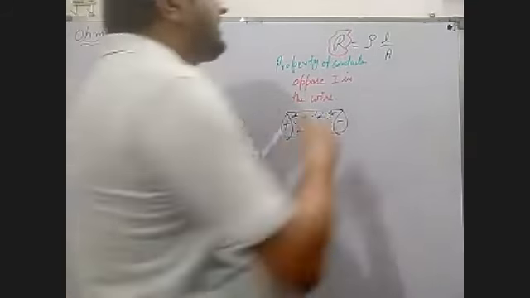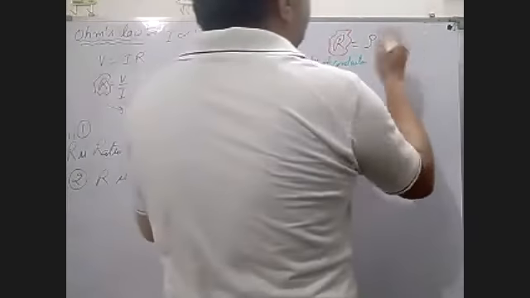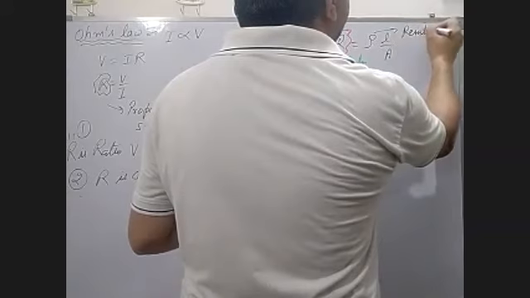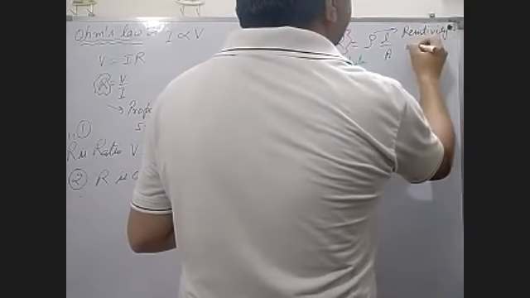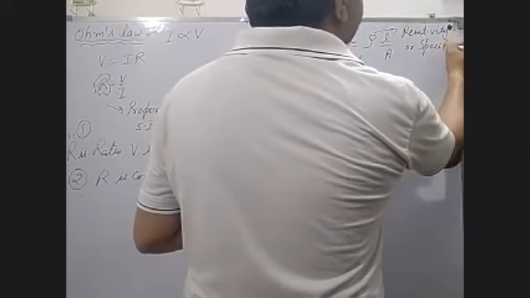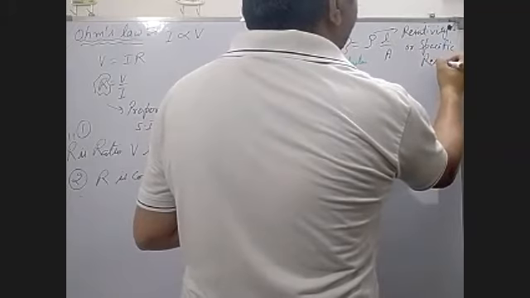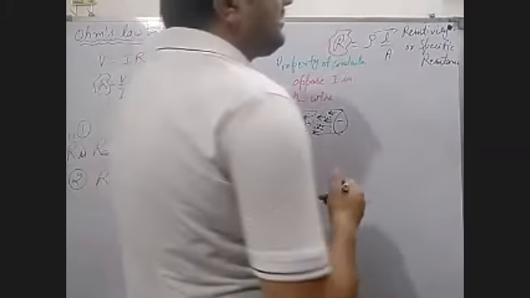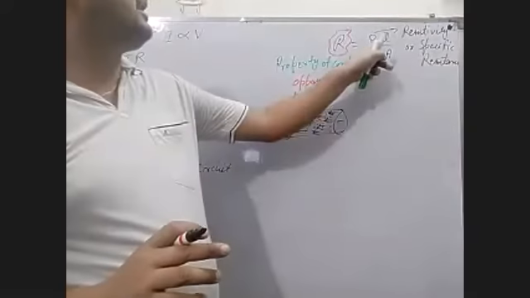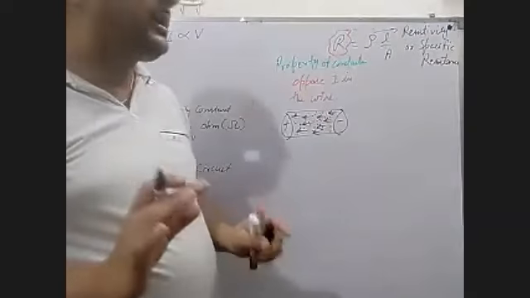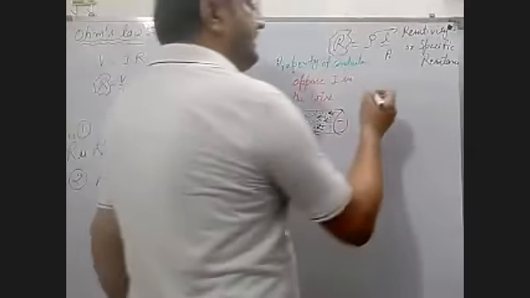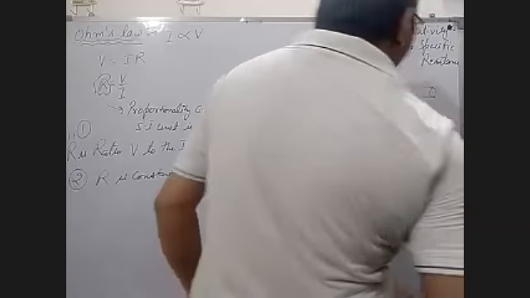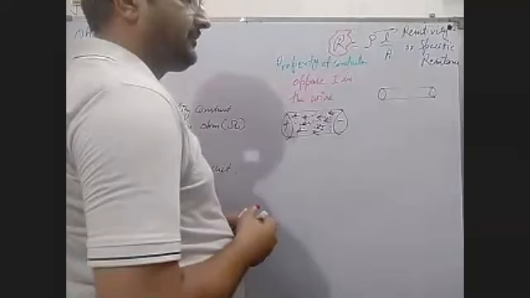Now, what is rho here? Rho is resistivity, or we can say specific resistance. This is also one kind of resistance, but here something is different. Suppose this is a rod.